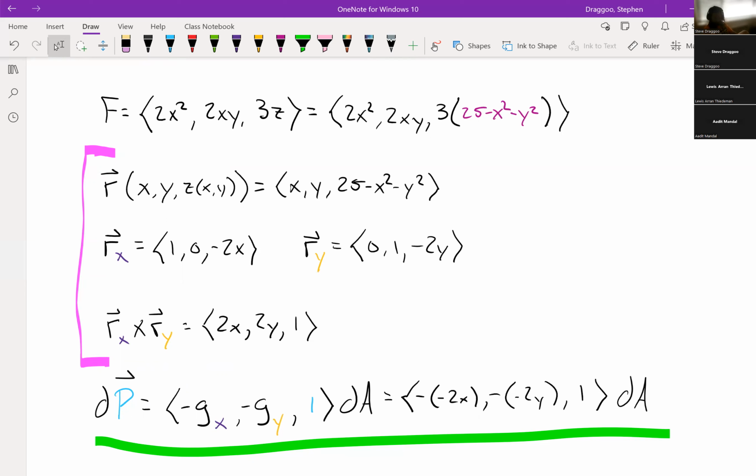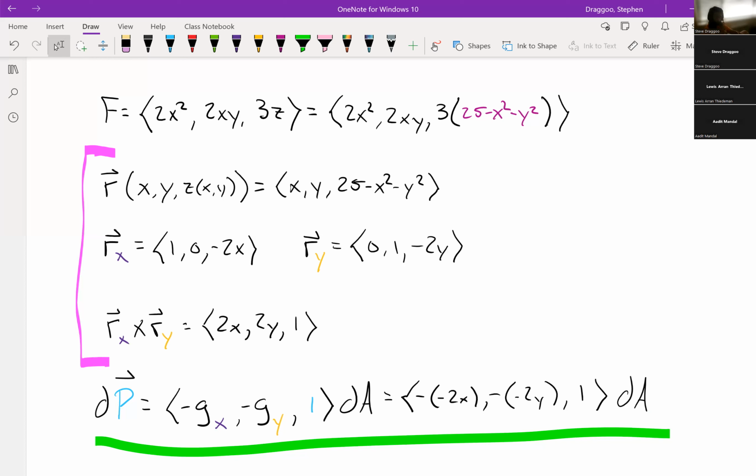Basically, I already have my parameterization set up because I've got z equals 25 minus x squared minus y squared. So I'm going to pick x is x, y is y, z is a function of x and y, so 25 minus x squared minus y squared. Take partial derivatives with respect to x and y of that parameterization, get a cross product of that, and I end up with 2x, 2y, 1.